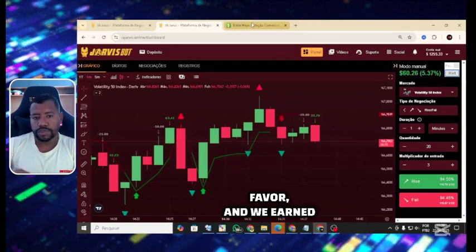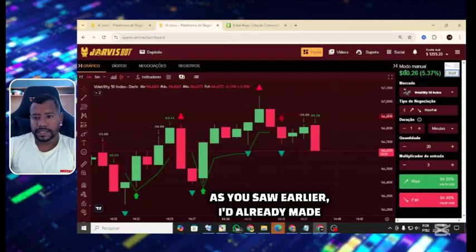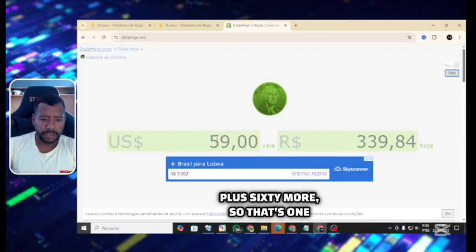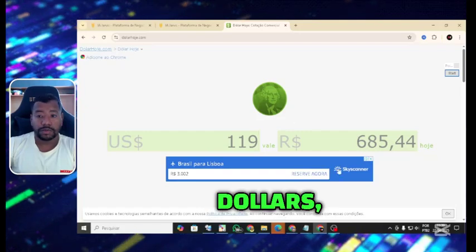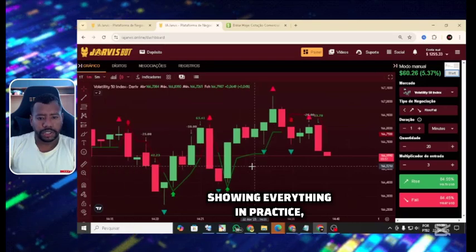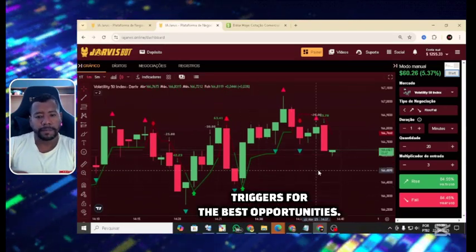It worked in our favor and we earned $60. You saw earlier, I'd already made $59 plus 60 more, so that's $119 total. That's $119 or 685 reais profit, showing everything in practice, using indicators and how to set triggers for the best opportunities.